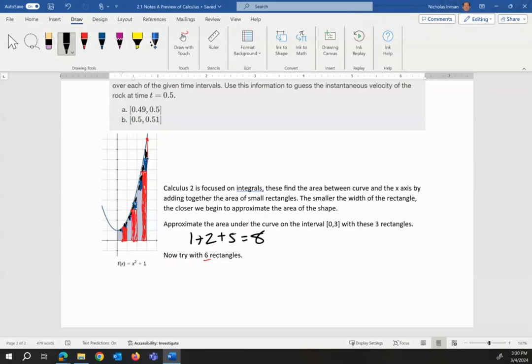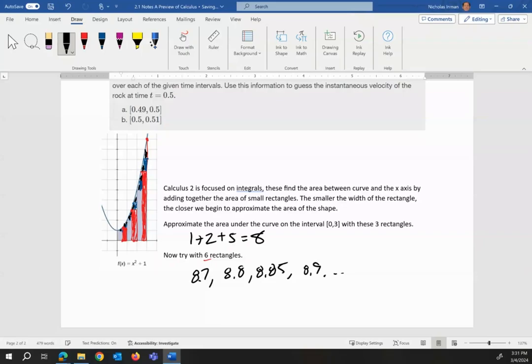Now, every time we made a new rectangle, we filled in less and less white space. So eventually you would be filling in very, very small amounts of white space, and your answer would be approaching the same thing. Like we got 8 this time, we might get like 8.7 the second time, and then 8.8 the third time, and then 8.85, 8.9.